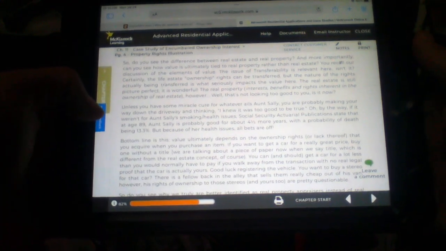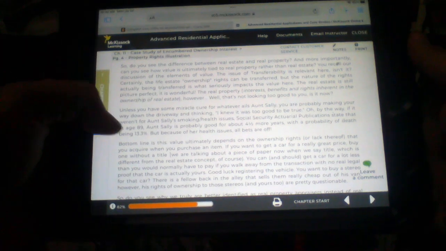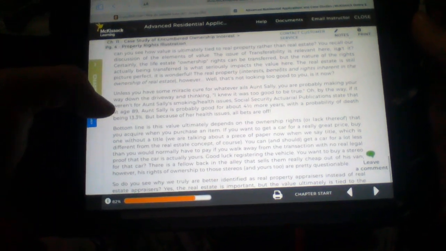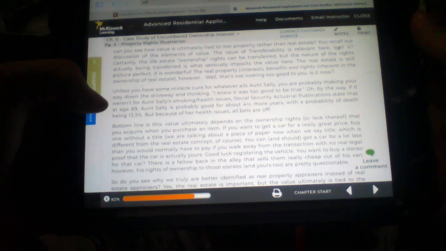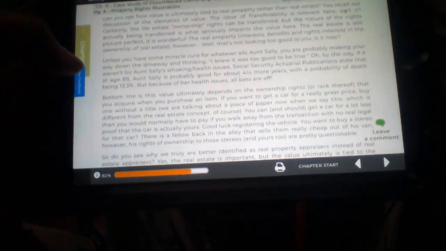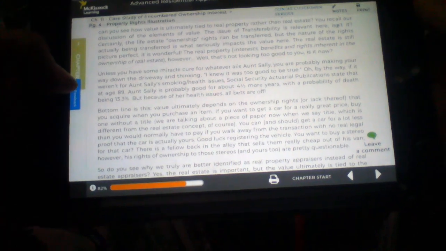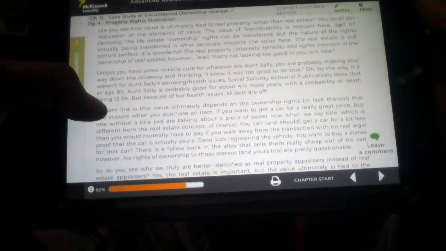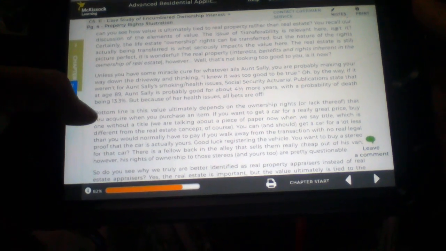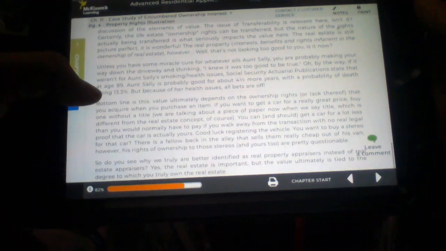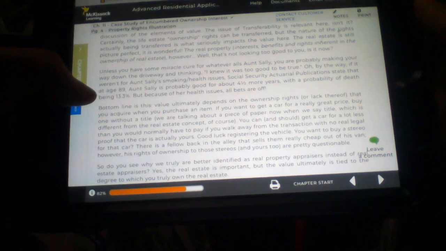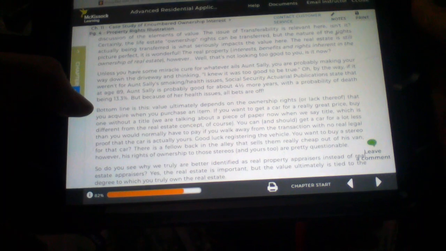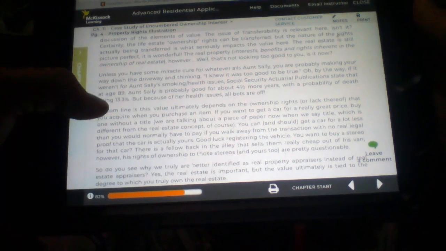So do you see the difference between real estate and real property? And more importantly, can you see how value is ultimately tied to real property rather than real estate? You recall our discussion of the elements of value. The issue of transferability is relevant here, isn't it?